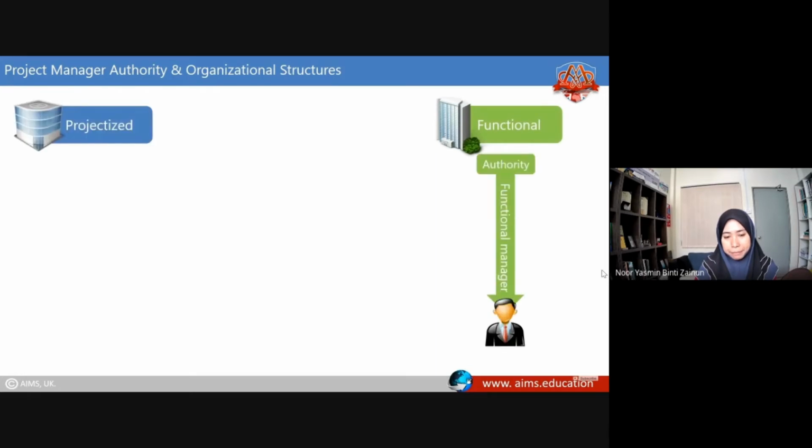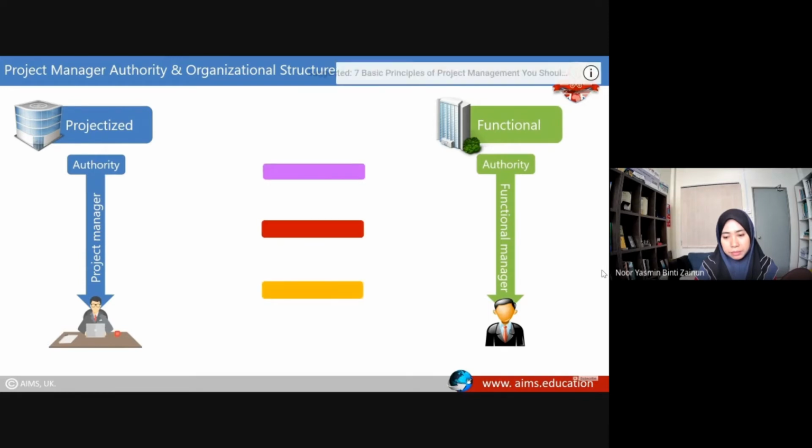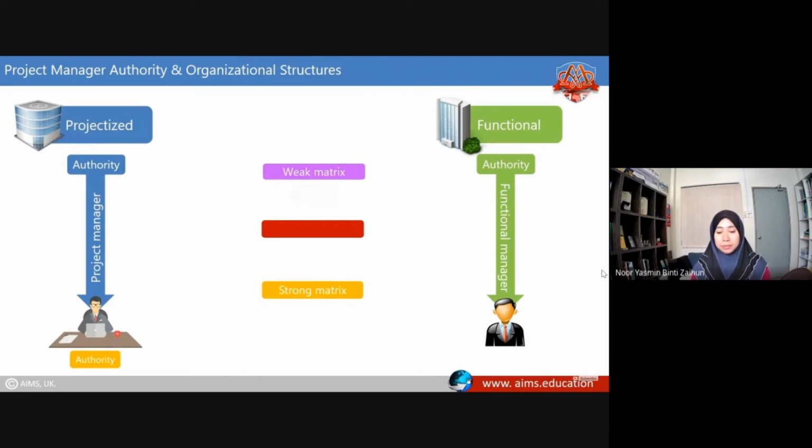In any projectized organization, it rests with a project manager. A matrix organization tries to be somewhere in between these 2. In a strong matrix, the authority is with a project manager, just like in a projectized organization. In a weak matrix, the authority is with a functional manager, just like in a functional organization. And in a balanced matrix, the authority over the project is shared by both the functional manager and the project manager.